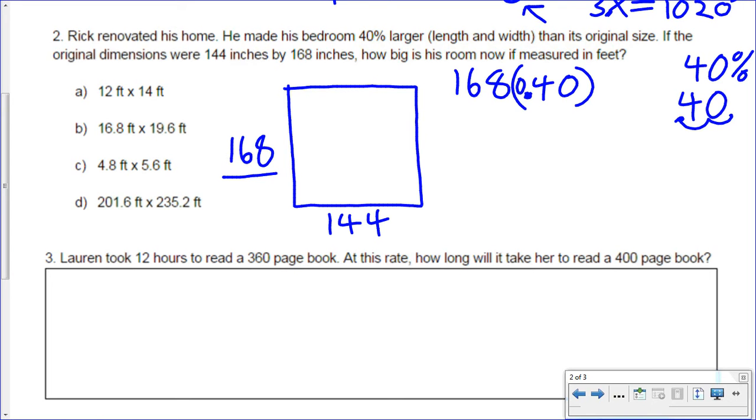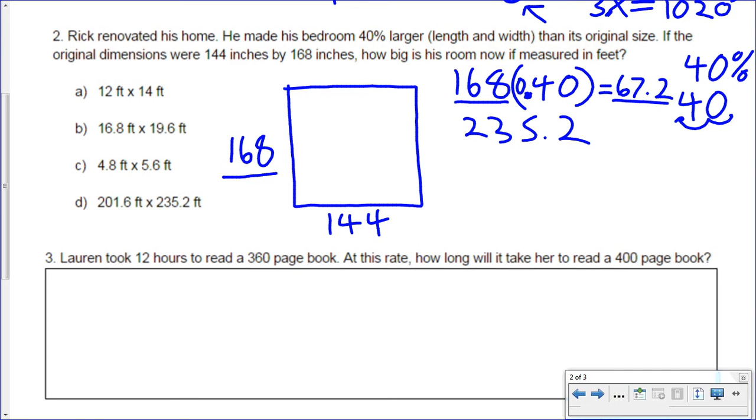That's going to give us 67.2. Okay, so if 168 were to grow by 40%, say we want to add 40% of 168 back to the 168, we're just going to add the 168 and the 67.2, which gives us 235.2.